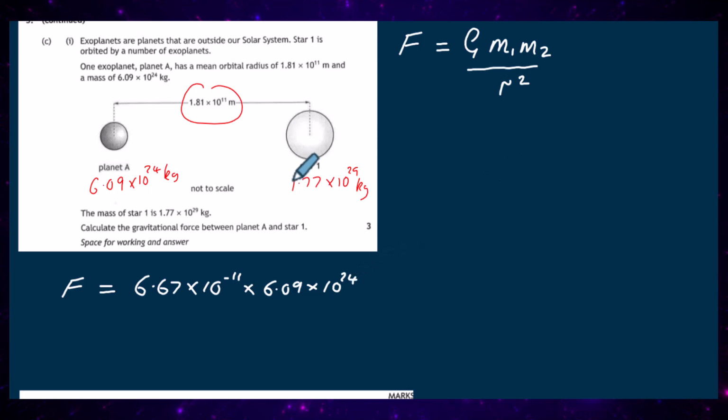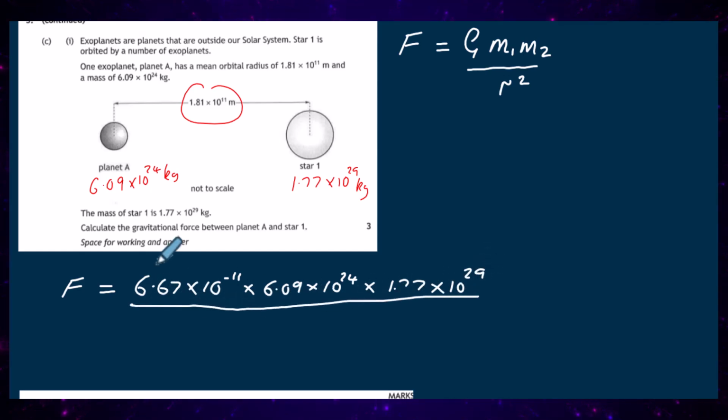And m2 would be the mass of star 1, which is 1.77 times 10 to the power 29. And don't forget, we have to divide all that. I put a bracket in it for safety. We've got to divide it all by the distance between the centres squared. So it's going to be 1.81 times 10 to the power 11, and remember, that's all got to be squared.